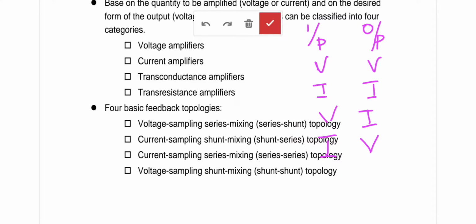VV, both voltage, means we have voltage amplifier. II means we have current amplifier. And if input is voltage and output is current, that means I by V. I by V means what? It's transconductance amplifier. And input is current and output is voltage means it is V by I, that is transresistance amplifier. And how can we name these topologies?